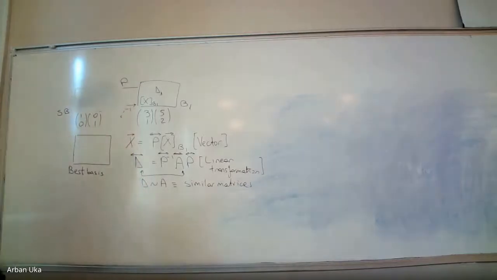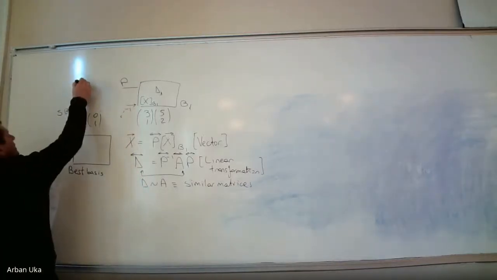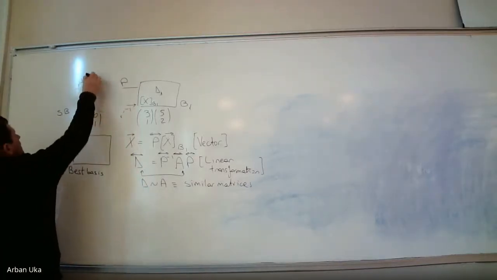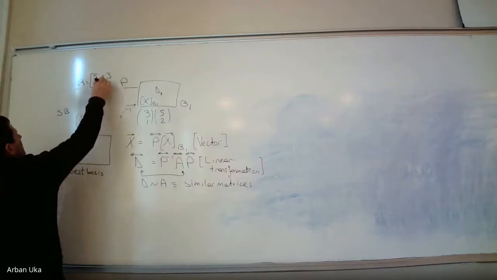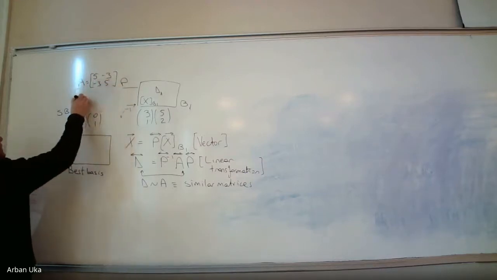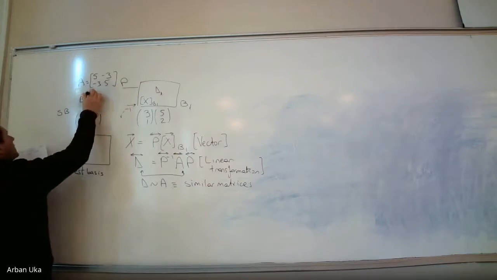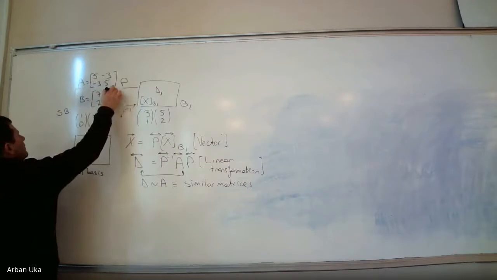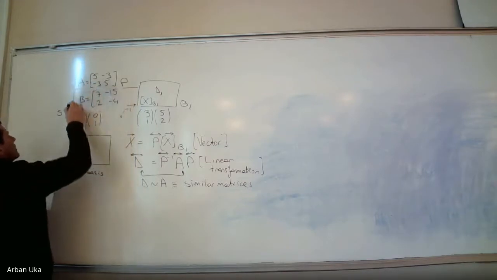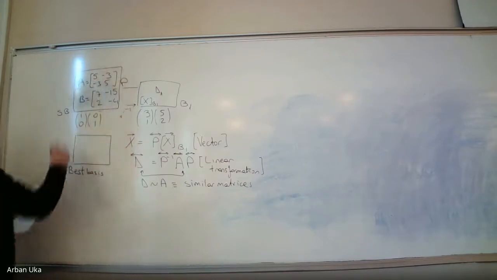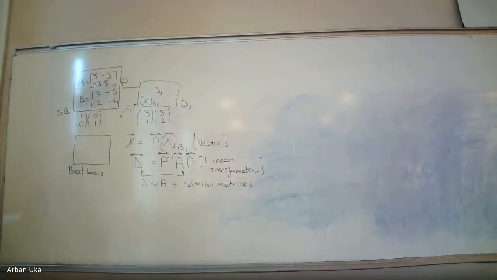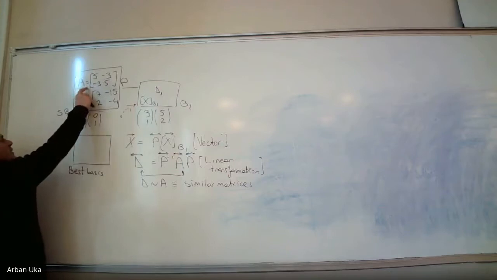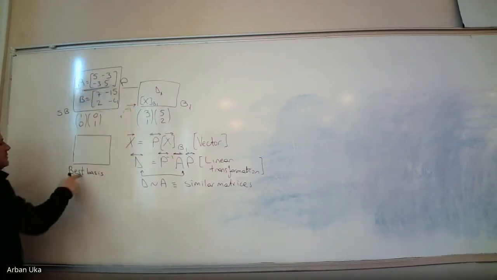Let's assume that in the standard basis we have a matrix A, which is 5, minus 3, minus 3, 5, and another matrix B, which is 7, 2, minus 15, minus 4. So here we have two different matrices according to the standard basis. Then let's assume for a moment that we want to describe the first one, matrix A, in a different basis.